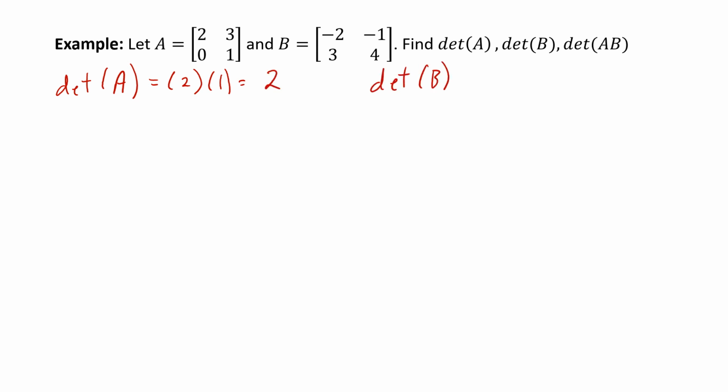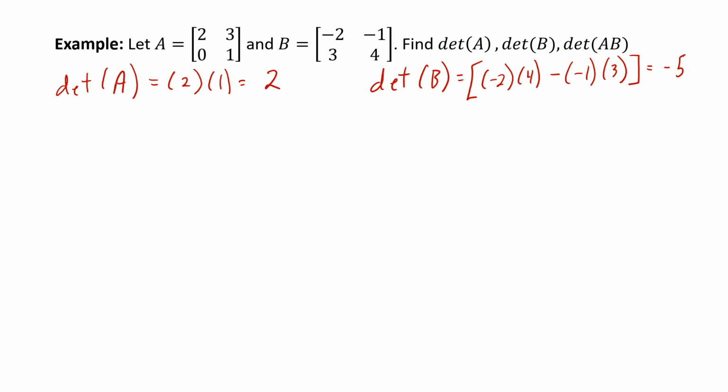Determinant of B, well, a little more complex, but not too bad. Negative 2 times 4 minus negative 1 times 3. You add those up, you get negative 8 plus 3, so you get negative 5. So that is the determinants of A and B.